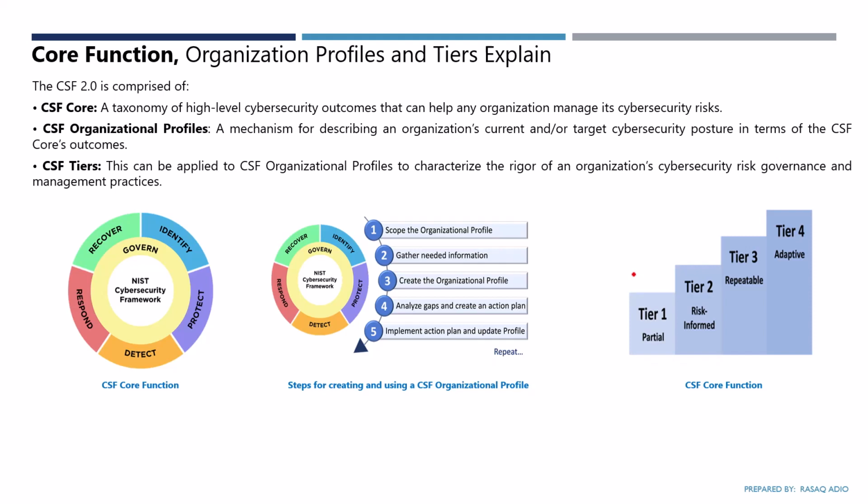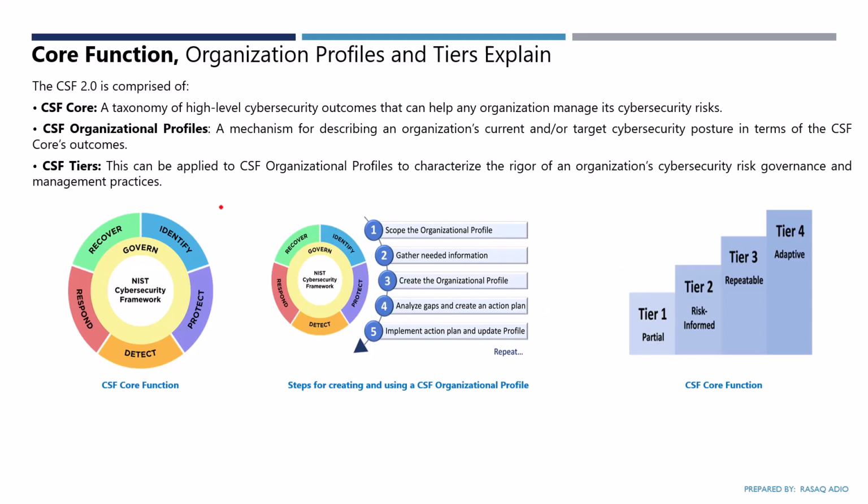Like I've said earlier, 2.5 and 1.1 only contain 5 functions, right? They do not include govern. But this latest one, NIST Cybersecurity Framework 2.0, contains govern to make it 6 functions.